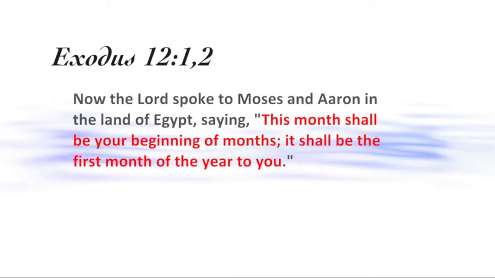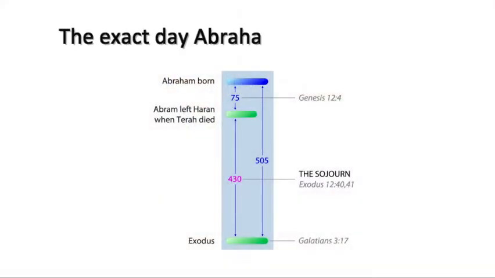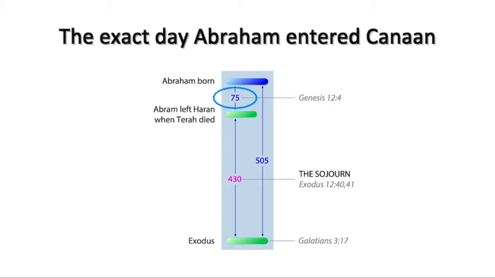That a 6-month calendar change happened at some time is well accepted. But now, through tracing the precise chronology of the Bible, we can understand exactly what happened. Abram was born on the 15th day of the 7th month, and he entered the land on the 15th day of the 7th month on his 75th birthday.